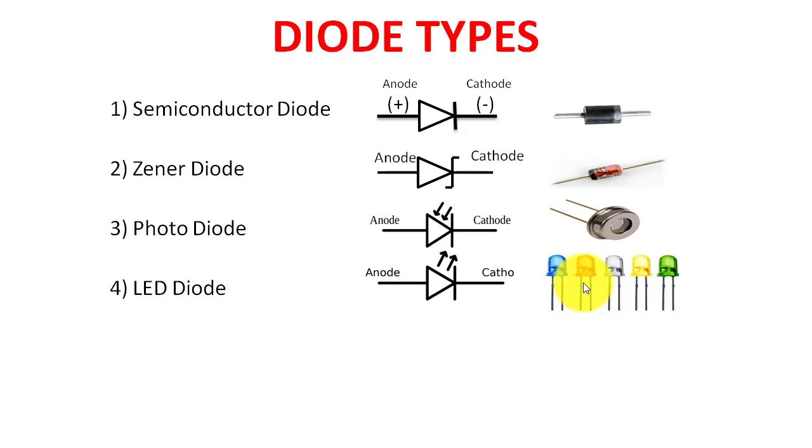That actually comes from an LED diode. It creates a light, a signal that the voltage is present, a signal that something is okay and ready. So this is the LED diode.